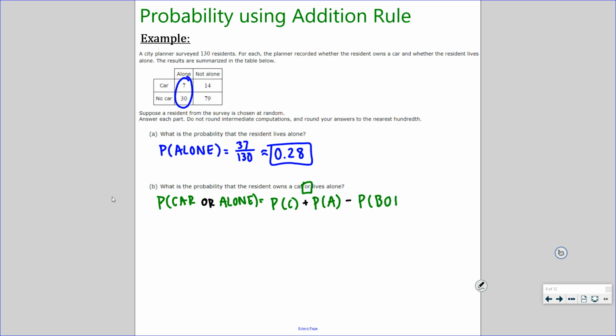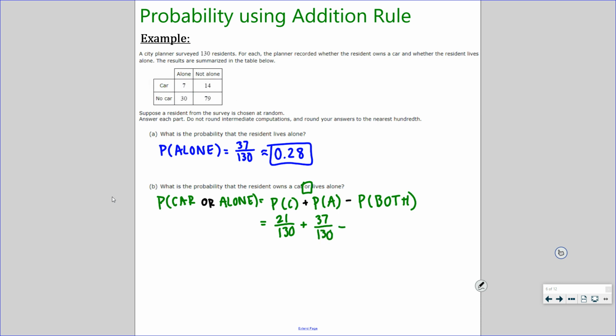And then we can go up and use the table and show an easier way to basically do this. Okay, so the probability that they own a car would be this number right here, 21 out of 130. The probability that they live alone, we just had, 37 out of 130.